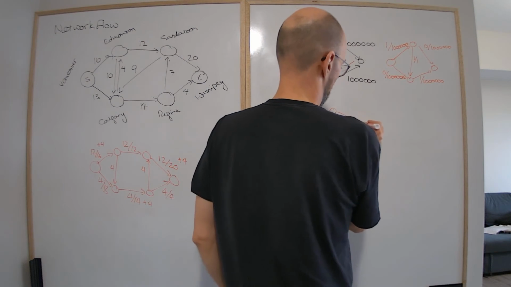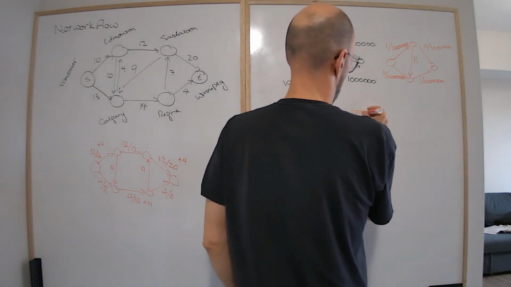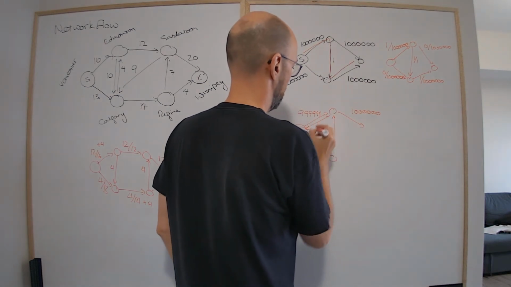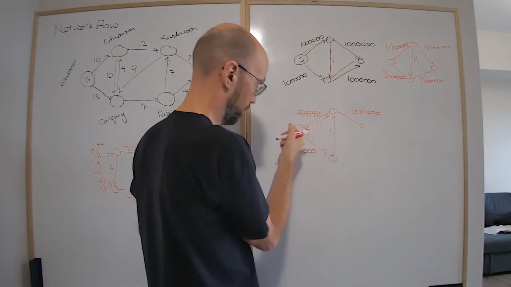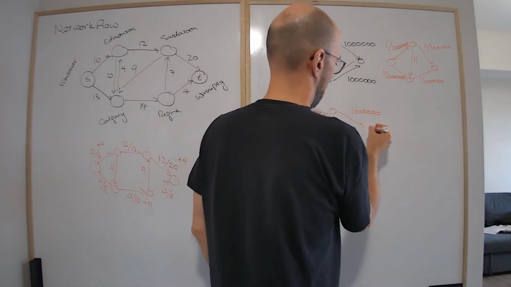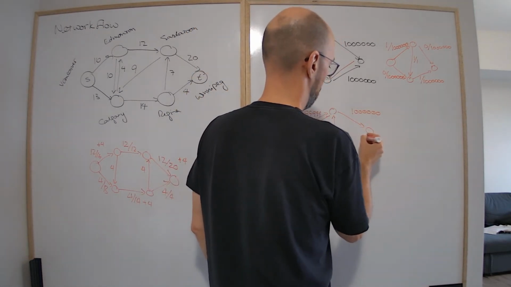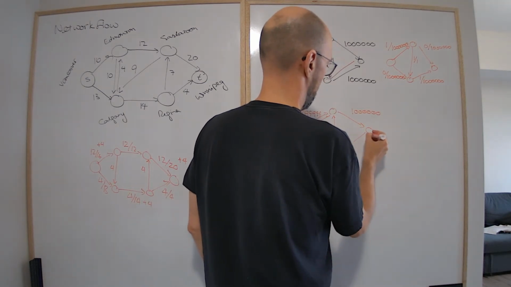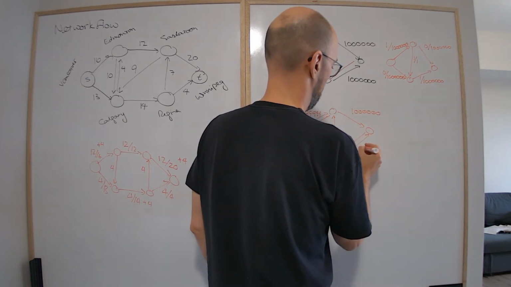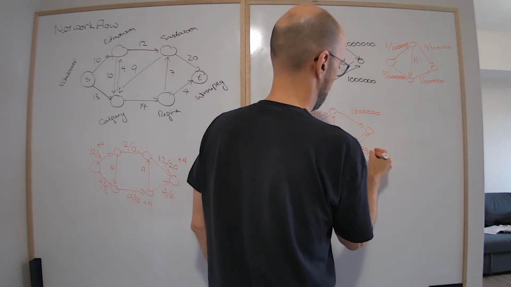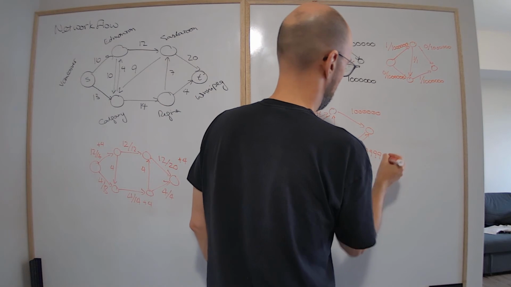This is 1,000,000. I can reduce the flow across this edge by 1, and I can increase the flow across here by 999,999. Okay?